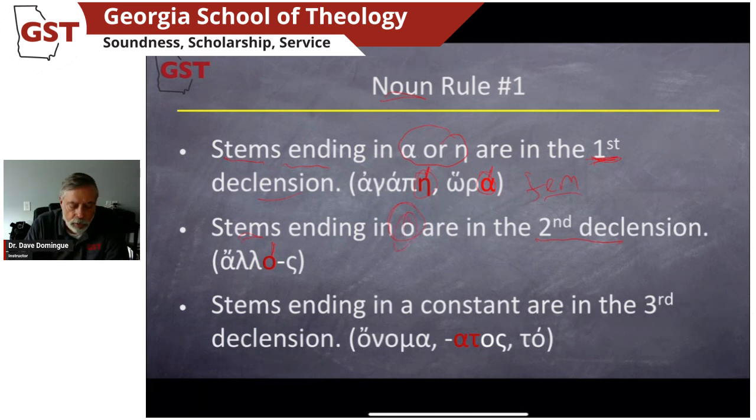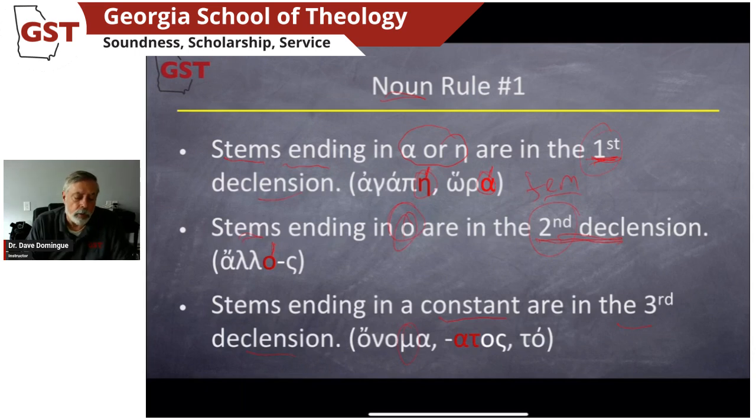Stems ending in the omicron will follow a second declension pattern that is unique to the second declension. And then stems ending in a consonant, such as the mu here, will follow a third declension pattern that we're not going to get into now. We just want to learn the first and second declensions, okay?